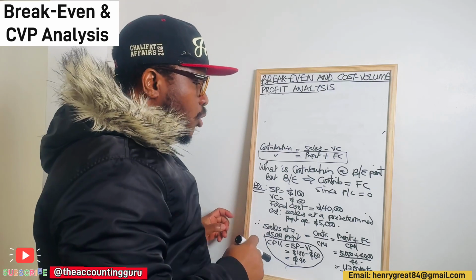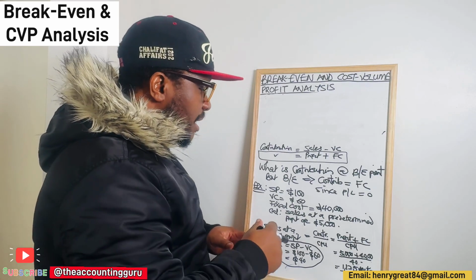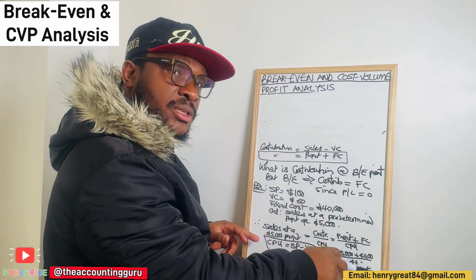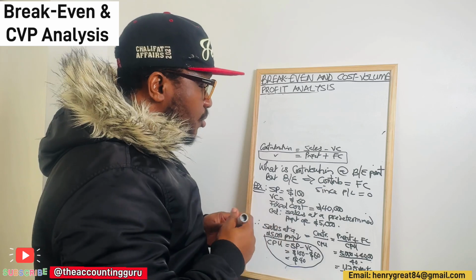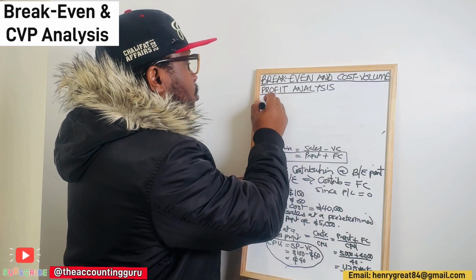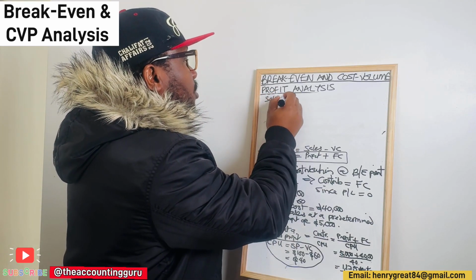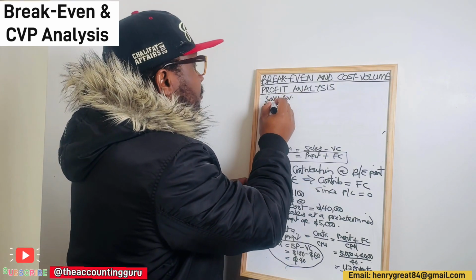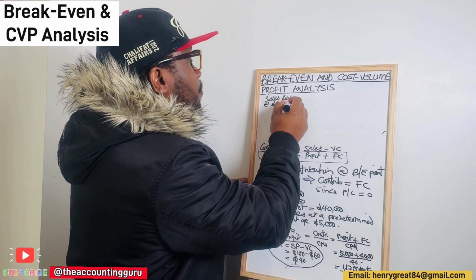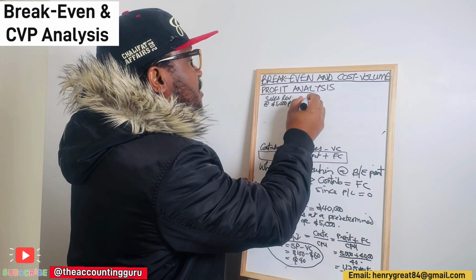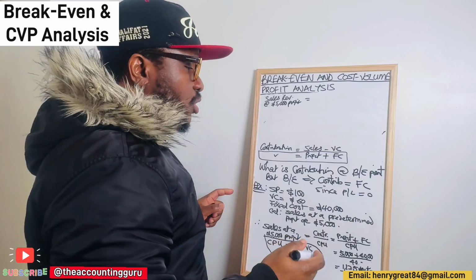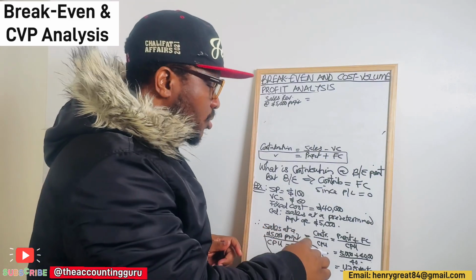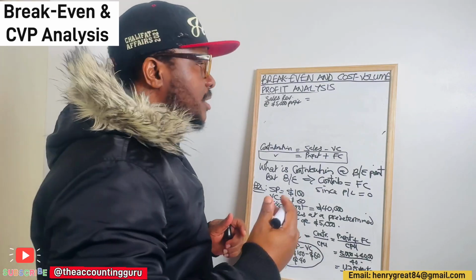Now, what if the question is asking you to determine sales revenue? Note that what we got here is sales in units. To determine the sales revenue at the 5,000 predetermined profit, it is just a function of multiplying the 1,125 units we got by the selling price per unit.